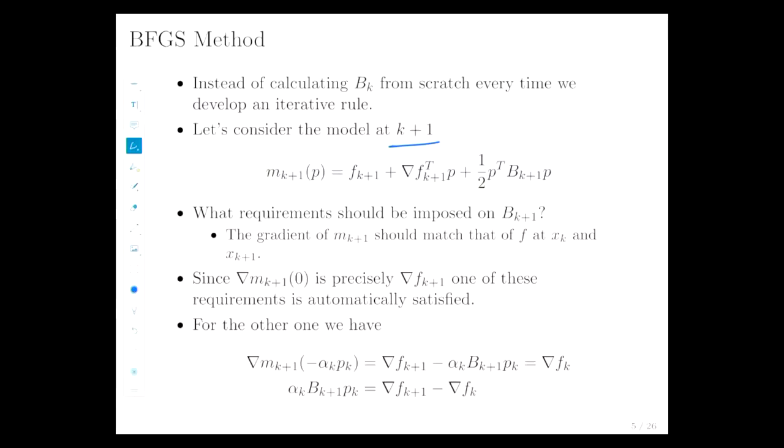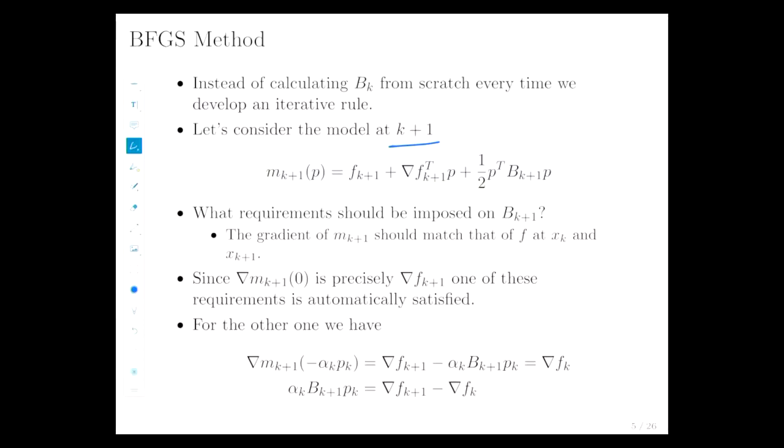Because think of it like this. I have a function, I'm approximating, I'm tessellating, I'm putting things side by side to approximate it. I want these overlapping models to be consistent. That's the idea behind it. So I want them to have the same gradient.